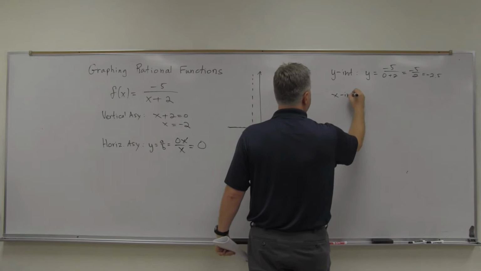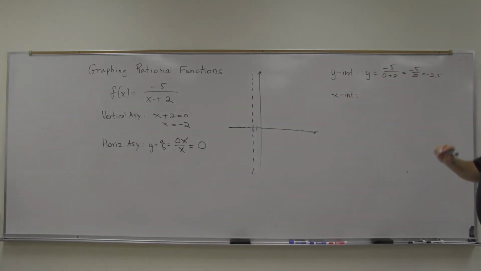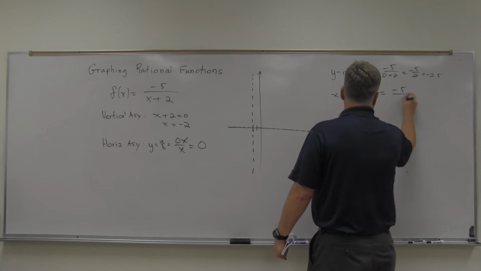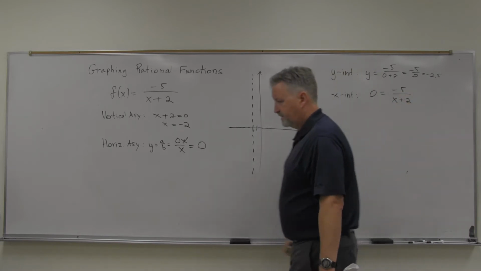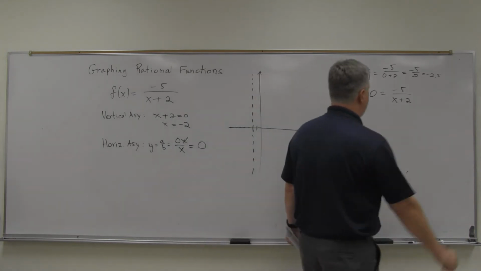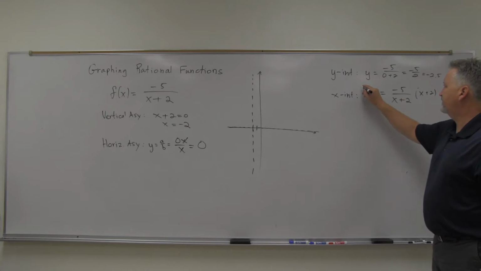The x-intercept, okay, so then something else happens on this. For the x-intercept, we set y, or f of x in this case, to be 0. And that gives us this equation. So again, if we do what we were doing before, multiply both sides by x plus 2, here's what we run into.